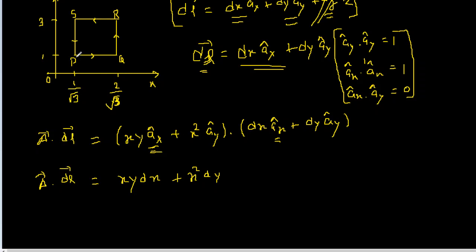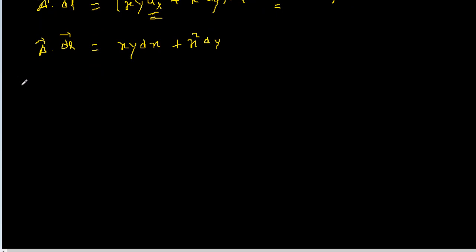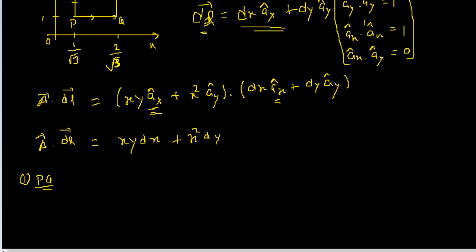Now we have to take first the PQ region. Here we have to take each and every region one by one to get the equation. So for region PQ, the thing to note here is that only x varies.